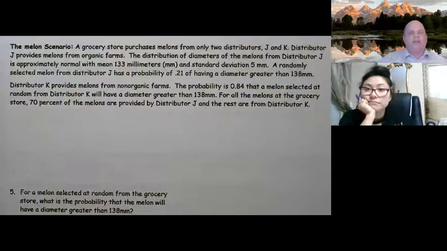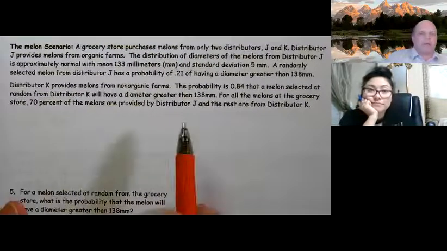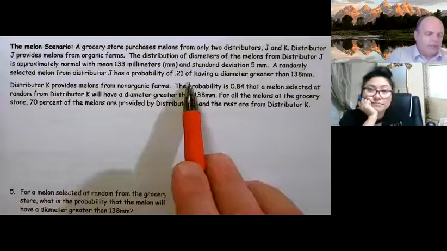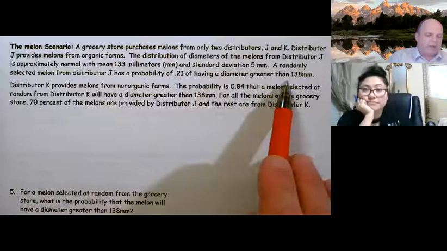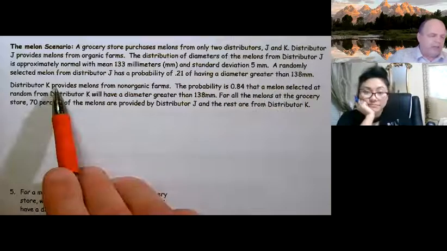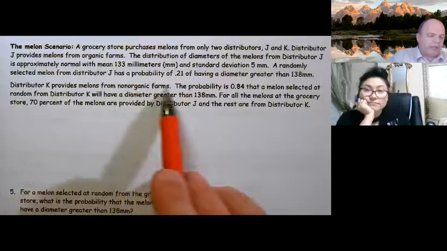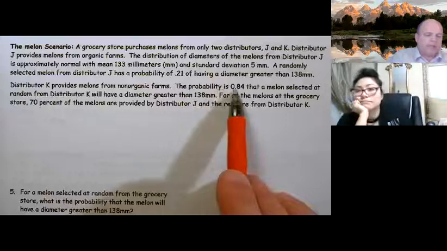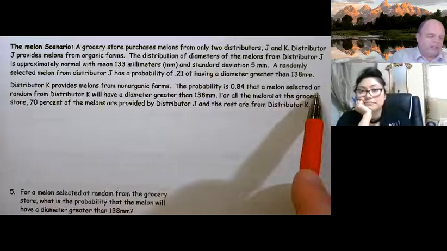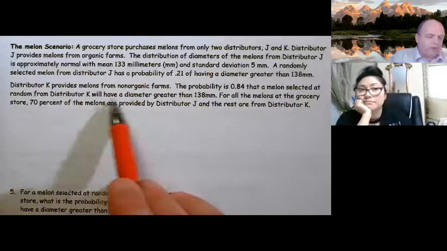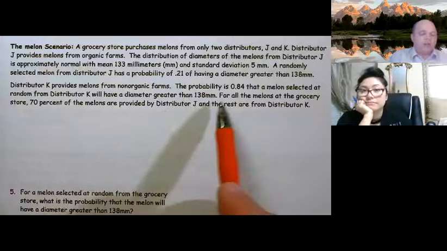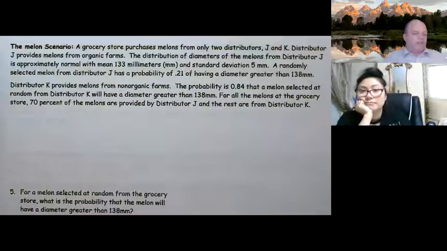Thank you. From distributor J has a probability of 0.21 of having a diameter greater than 138. Distributor K provides melons from non-organic farms. The probability is 0.84 that a melon selected at random from distributor K will have a greater diameter than 138. For all the melons at the grocery store, 70% of the melons are provided by distributor J and the rest are from distributor K.